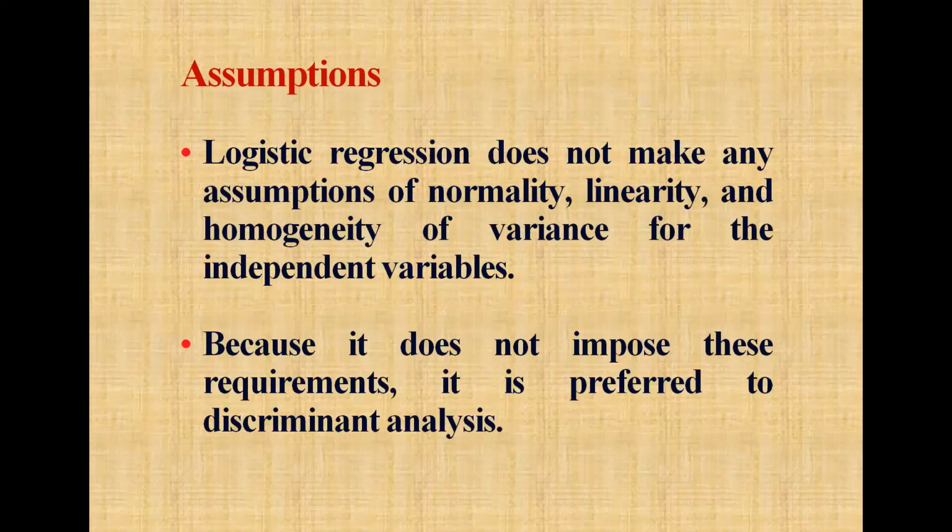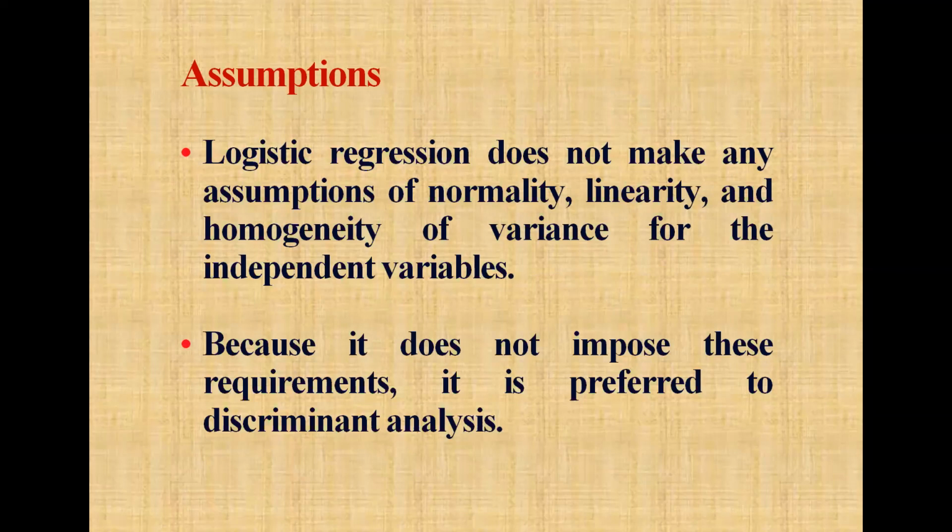So what are the various assumptions in logistic regression? Logistic regression does not make any assumption of normality. So it is good. Many phenomena do not follow a normal distribution, so logistic regression provides us some facility to analyze the data. It also does not require linearity and homogeneity of variance for the independent variables. Because it does not impose these requirements, it is preferred to discriminant analysis.